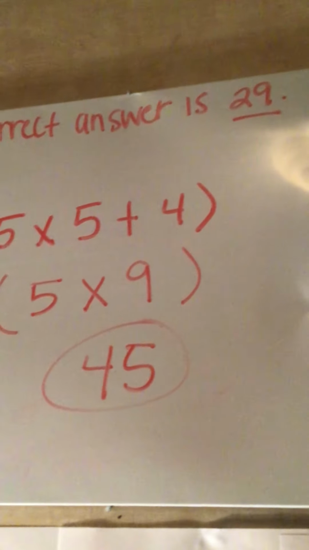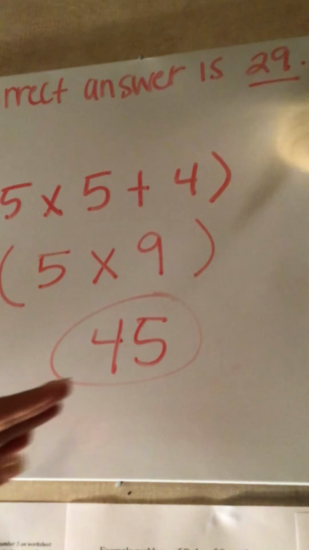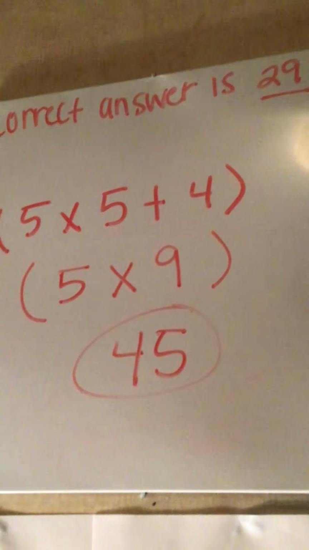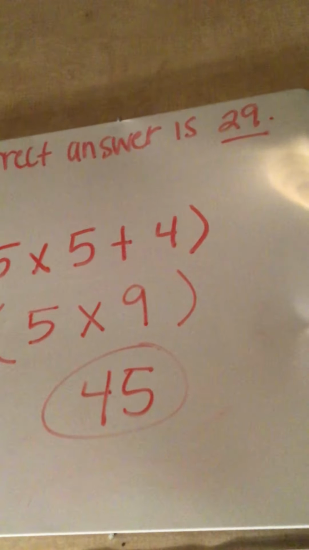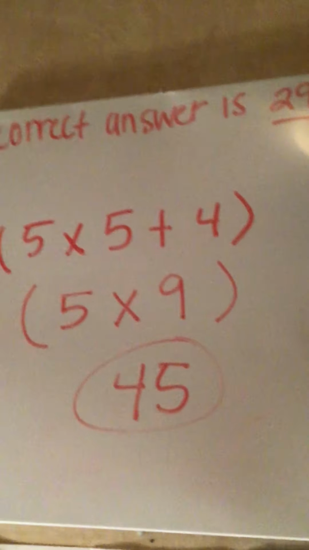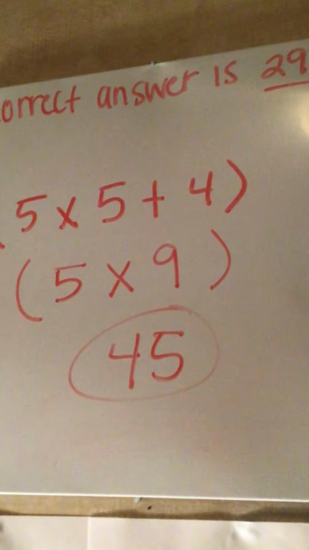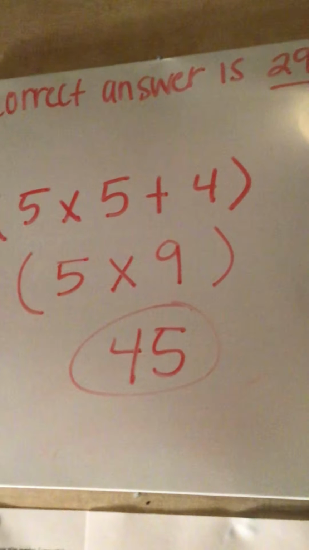That way you know you get the correct answer, because it's very easy to get these problems confused and get the wrong answer. That's why you must follow these steps in the correct order that PANDA tells you.